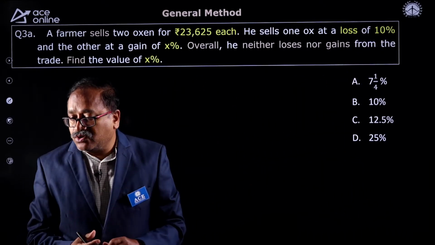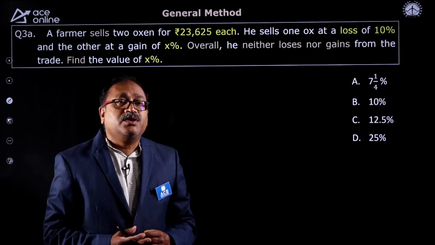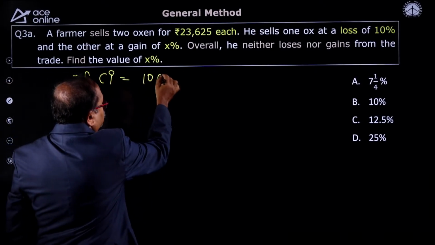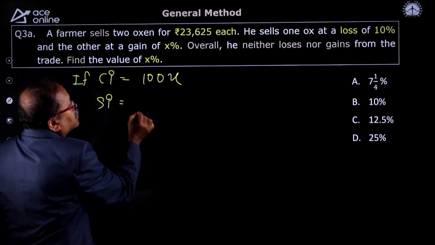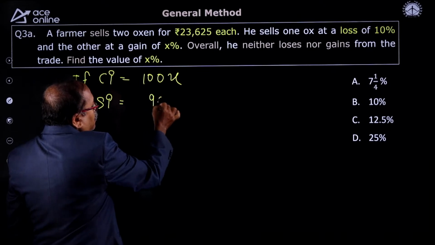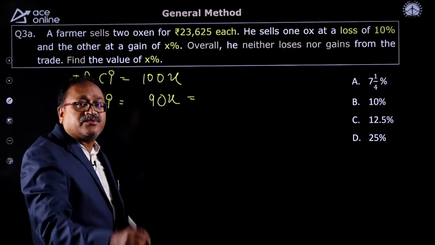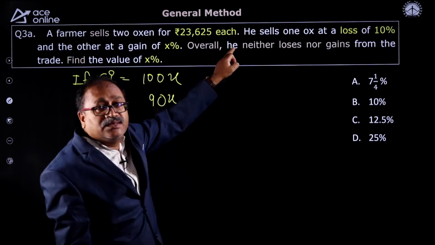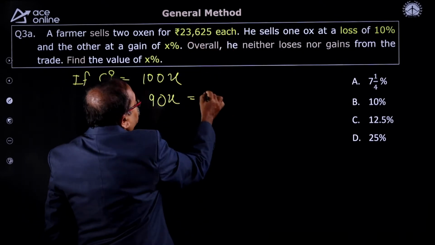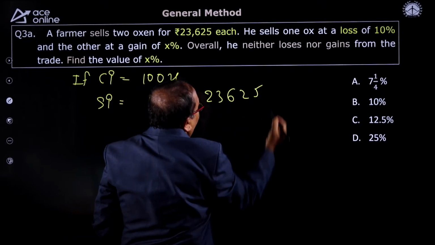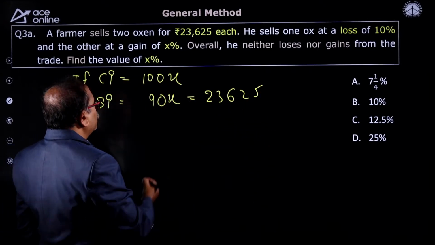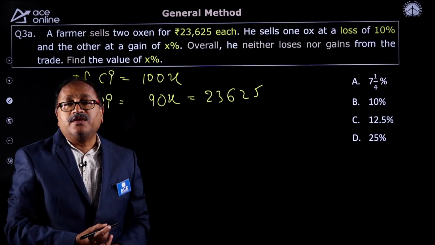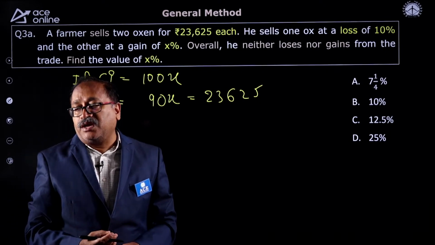So if I consider the general method, if CP is equal to 100x, then the SP, as there is a loss of 10%, will be 90x, which is equal to 23,625. He sells 2 oxen for rupees 23,625 each. Can I get the X value?